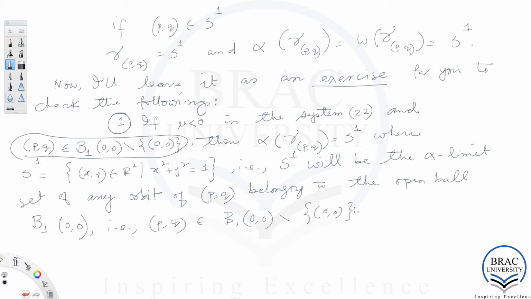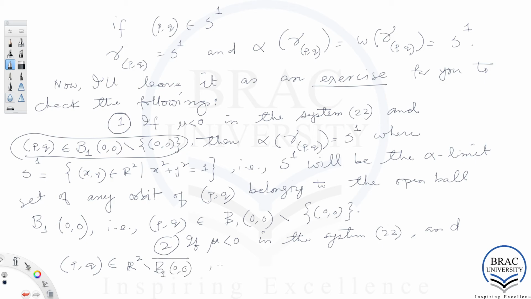Okay. Secondly, you have to show that if mu is negative in the system 22, and the point P comma Q is outside the closure of the open ball B(1, (0,0)), that is P squared plus Q squared is strictly greater than 1, then the alpha limit set of the orbit of P comma Q is S1.